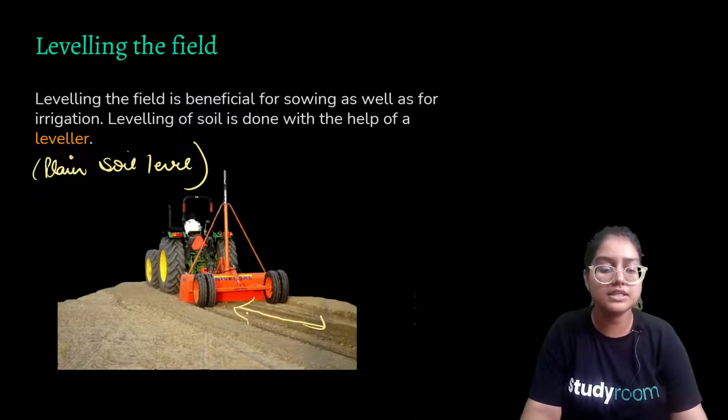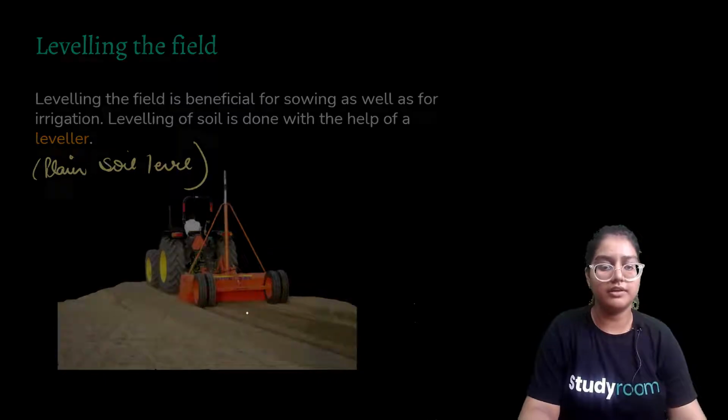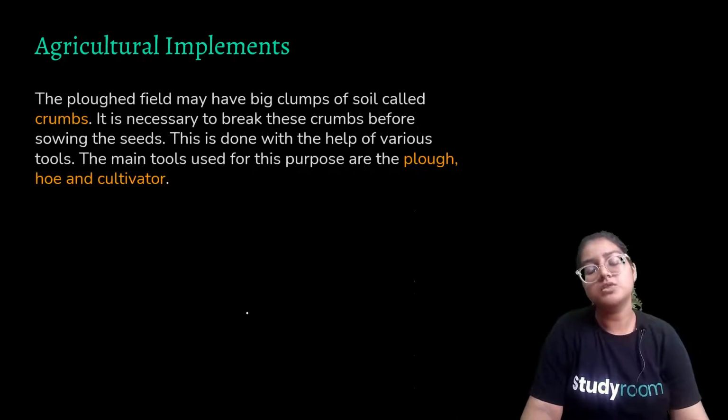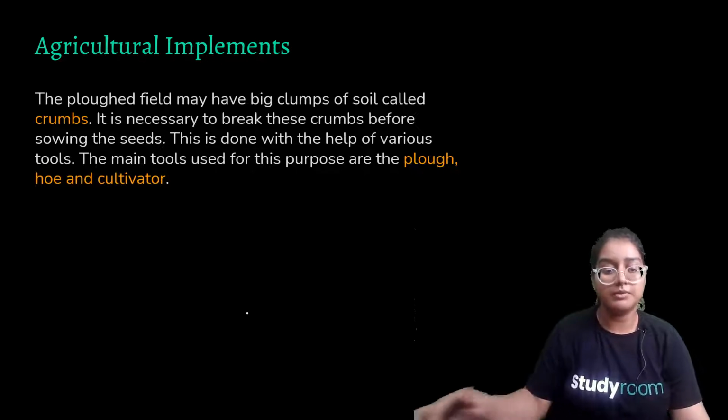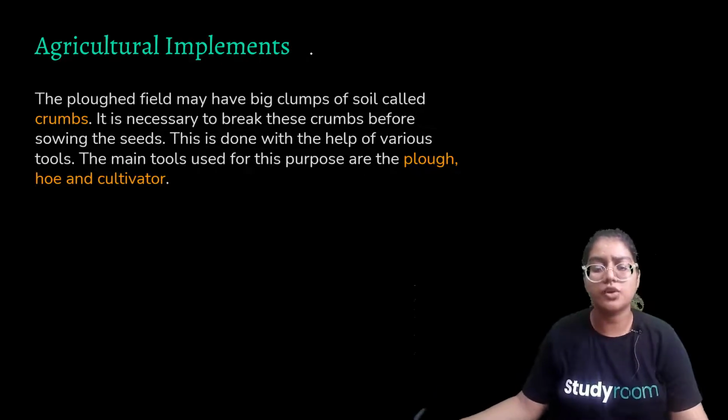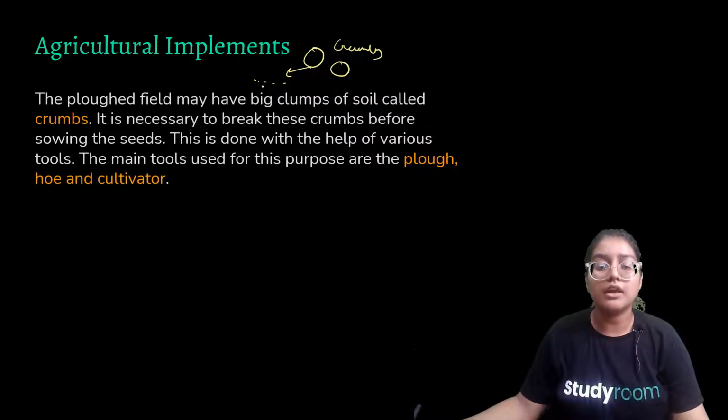So we discussed two techniques, plugging and leveling. Now we'll be talking about agriculture implements. What are other types of agriculture implements? The plugged field may have big clumps of soil. Clumps of soil means bigger particles; we call them crumbs. These crumbs have to be broken into smaller pieces so that our seeds can be sowed easily and more efficiently.